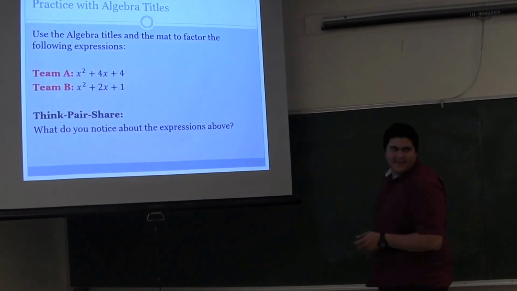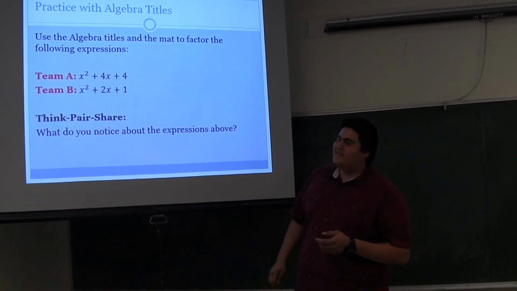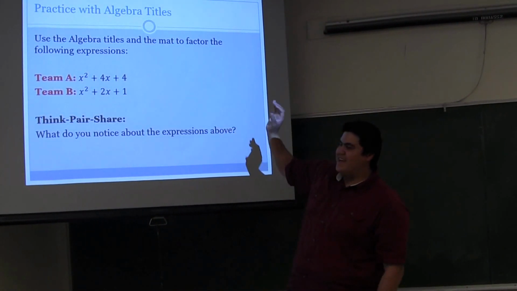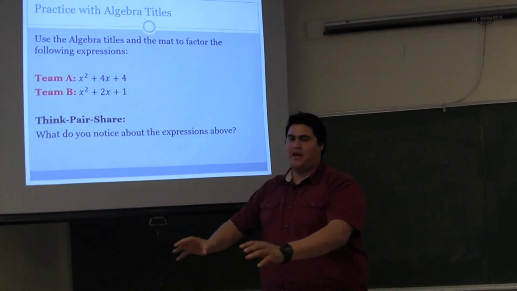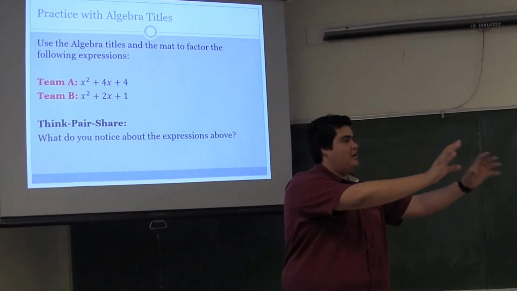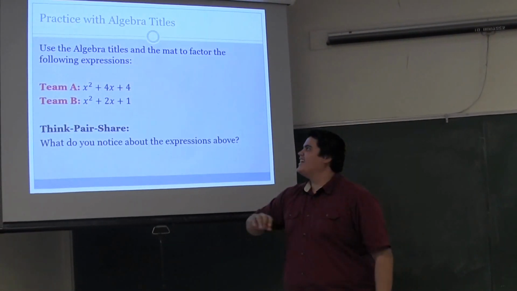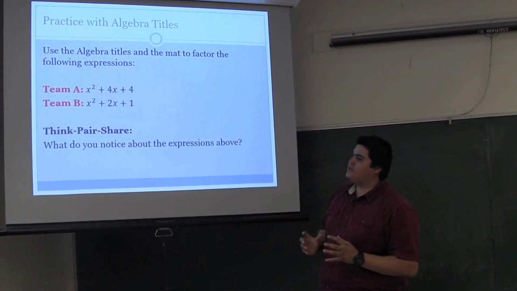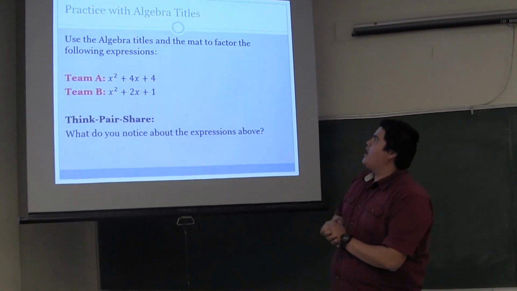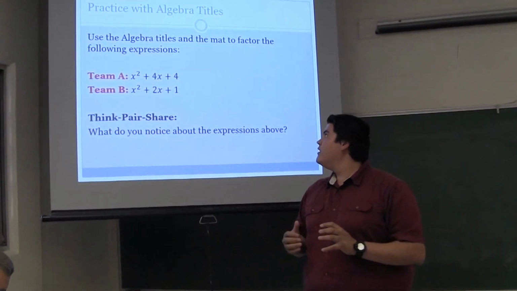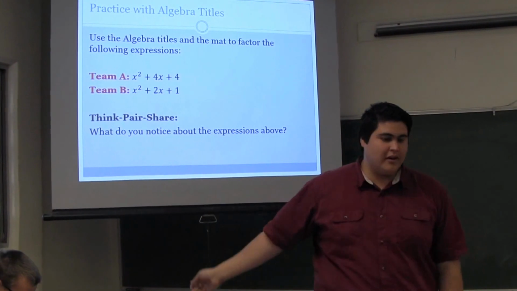I figured that we don't have enough teams, so you're going to be team A, you're going to be team B, and you're going to be team A as well. You're going to be using your algebra tiles, so get those out. Use algebra tiles and your math to factor the following expressions.